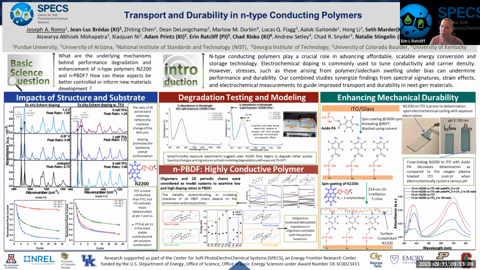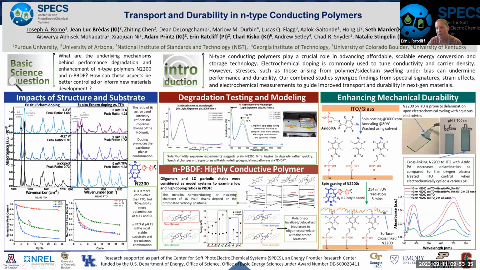All right, so this is Joe's poster that just pulled together a variety of different scientific questions about the different polymers that the center is working on. On the left side is some FTIR, ex situ, as a function of with and without TFA, an organic acid as a possible proton source.